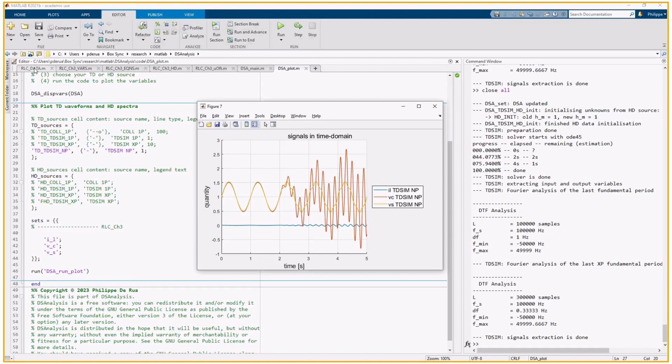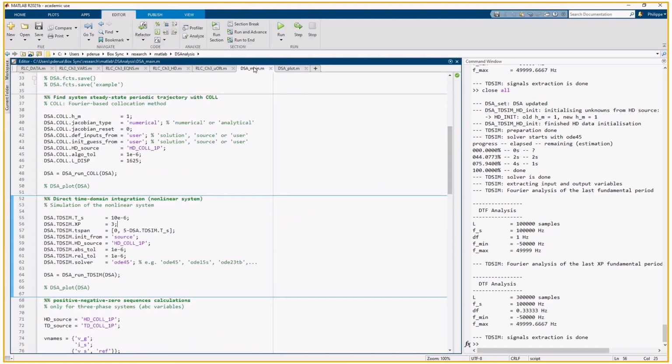So for it to reach steady state, I will make the simulation last longer. I go back to the main and say I would like to start from the last point, so the solution, and I will simulate for, let's say, 15 seconds.